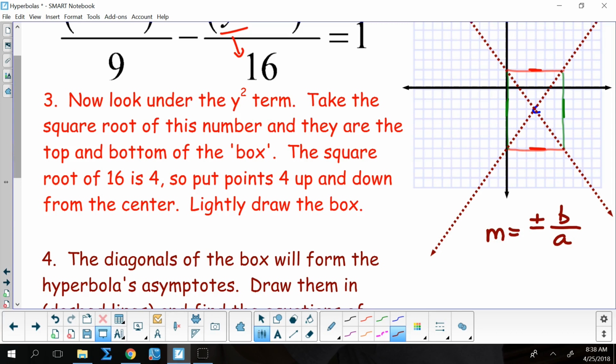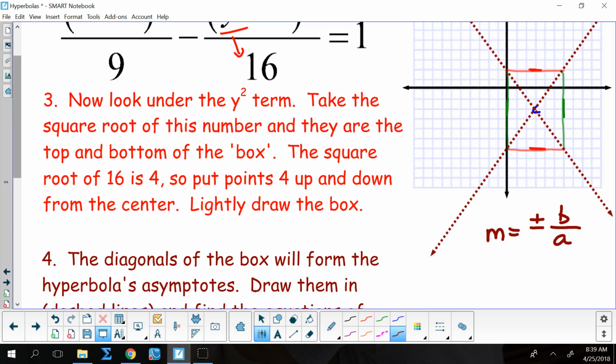The other thing that you can do is, in this particular case, the sides of our box were on the y-axis. So to make the equation of a line, I need the slope and I need the y-intercept. Well, I have both of those.